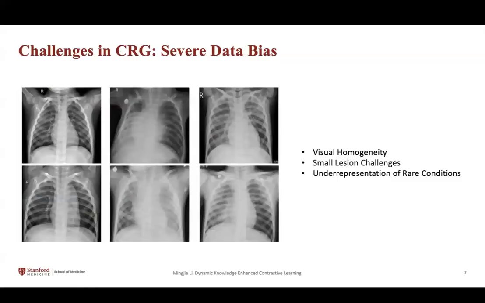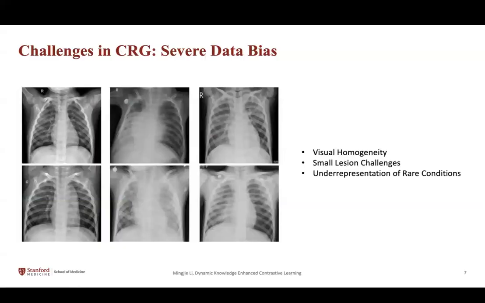Also, models trained on such data may struggle to differentiate between subtle differences, leading to reduced diagnostic accuracy. It means that if you want to train your model on a medical dataset, you need some tricks to define what the differences are between the images.